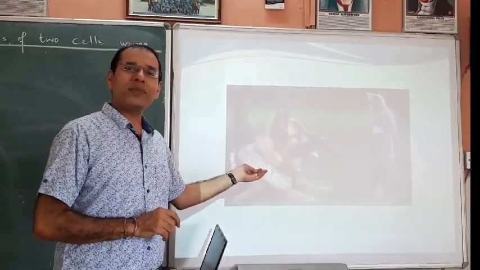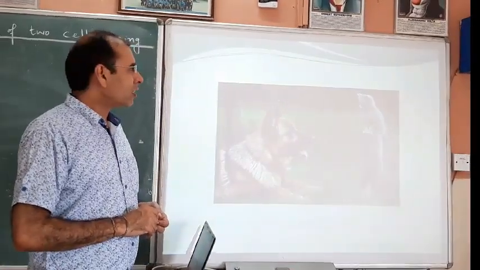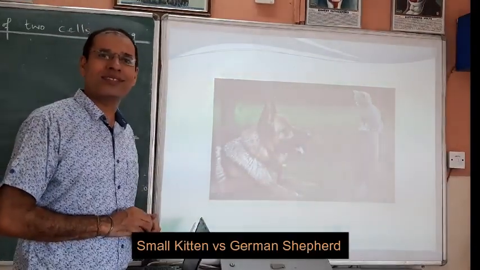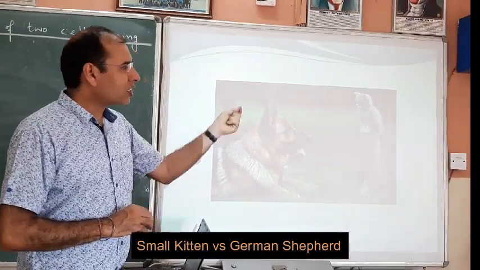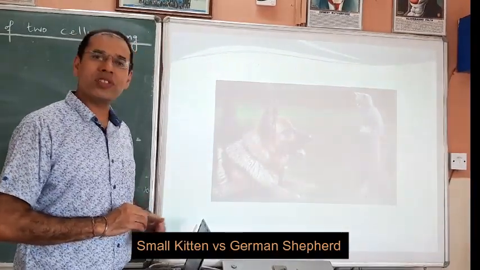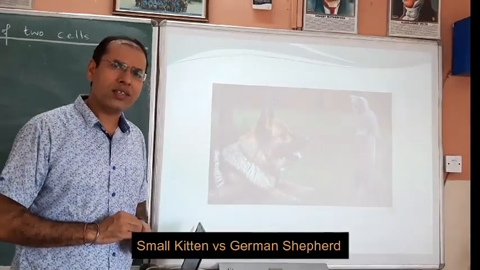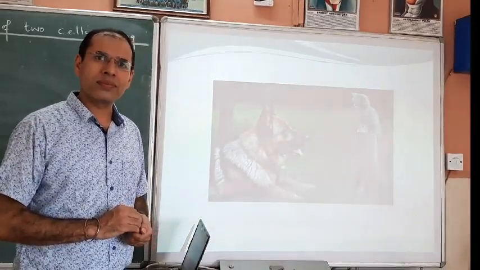Can you look at this diagram? A small kitten staring at a German Shepherd. Is it possible in real life? Can a small kitten look into the eyes of a German Shepherd? Do you think the kitten is ignorant of what damage a German Shepherd can cause him?